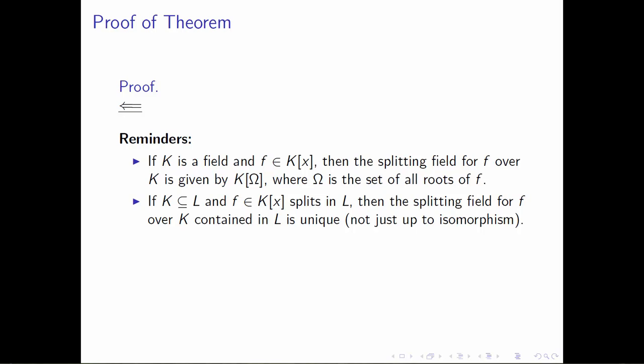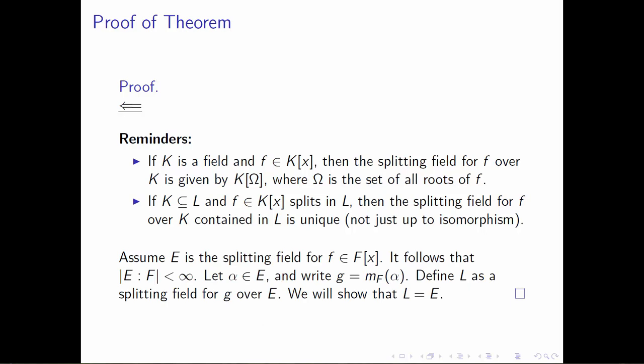And that's not just up to isomorphism, that's totally unique by the previous fact. So if we're working within L, then we take the field K and adjoin all of the roots of that polynomial, we're going to get a unique field, not just up to isomorphism, but outright unique.